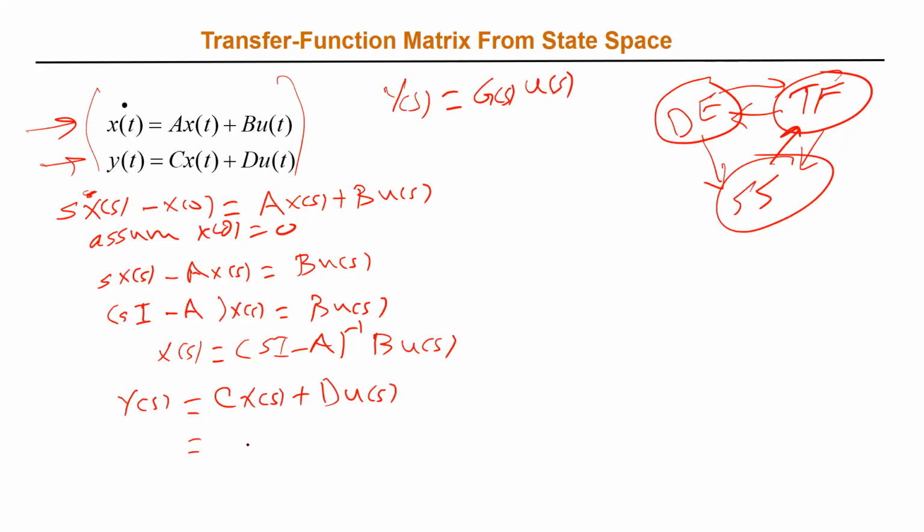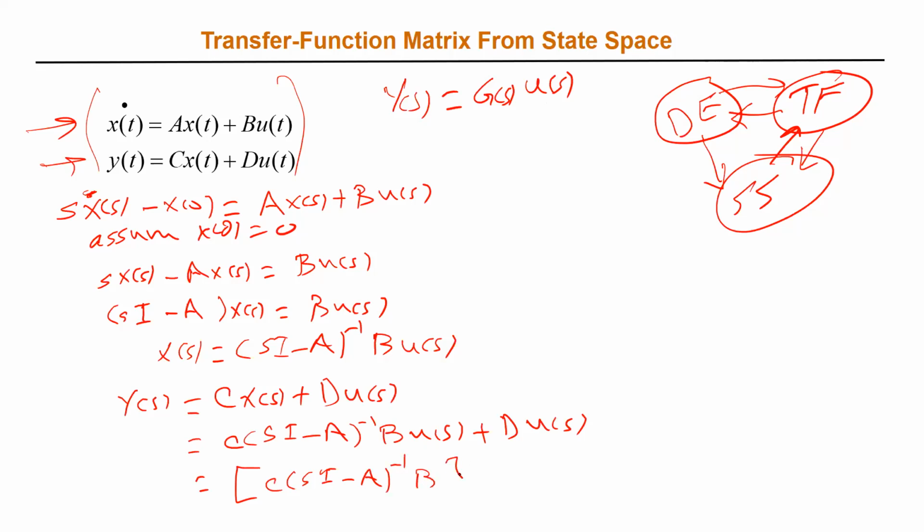So this will be C (sI minus A) inverse B u of s plus D u of s, which is equal to, let me take the u out, plus, sorry, D u of s.